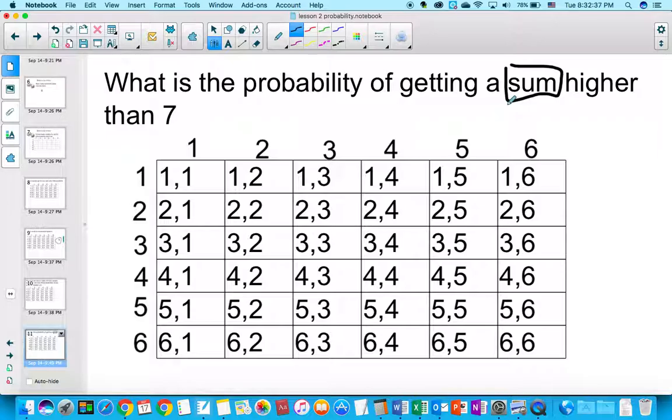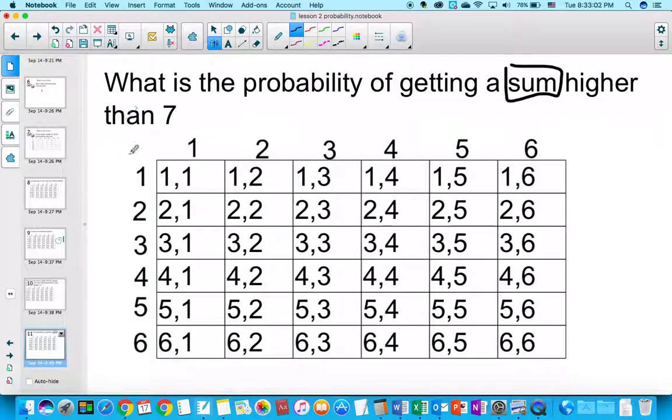So if I'm saying what is the probability of getting a sum higher than 7, I'm saying what is the probability of getting 2 numbers on dice where their numbers added together is larger than 7. So I'm looking for where you get 2 dice rolls and the numbers added together is greater than 7.